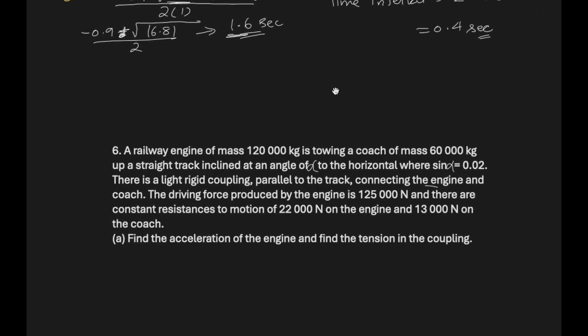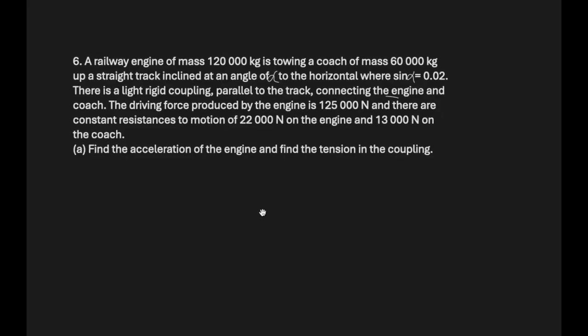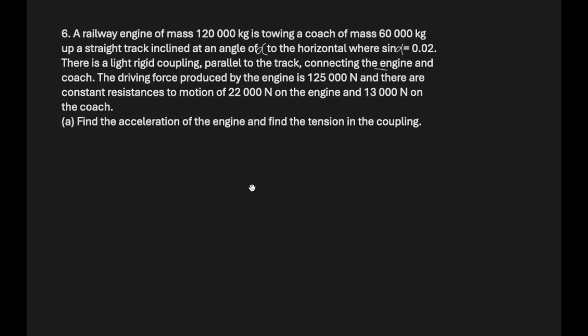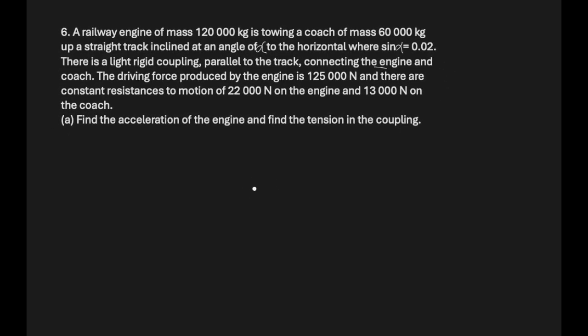Okay. Number 6. Number 6 says that a railway engine of mass 120 kg is towing a coach of 60 kg up a track. Okay, and alpha is the angle of the track. So let me try to visualize this. Okay, this is the track. This is the angle alpha.